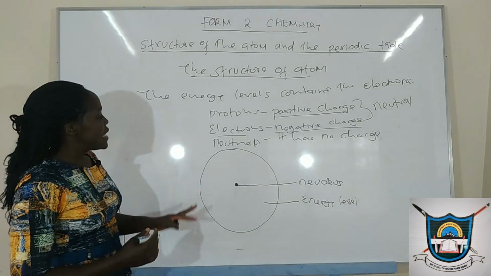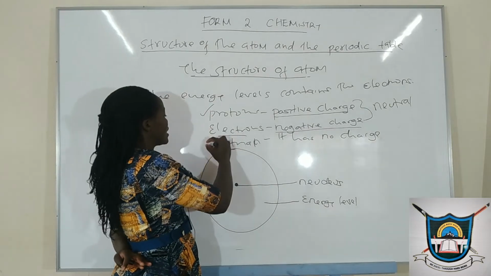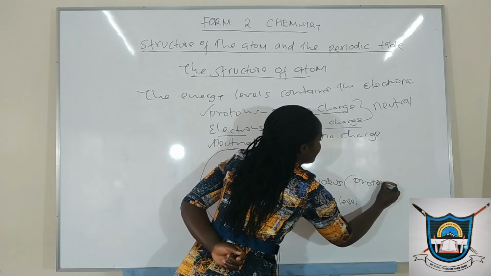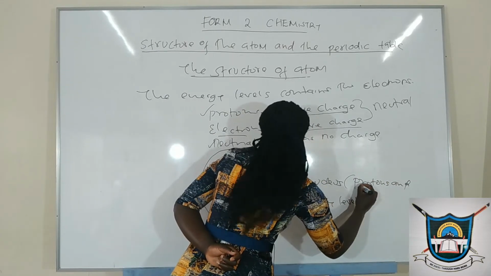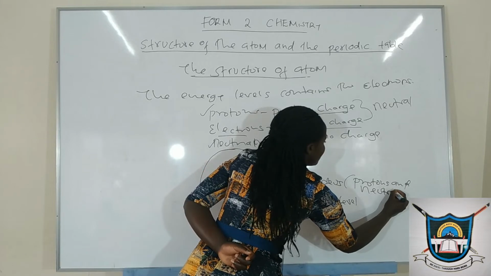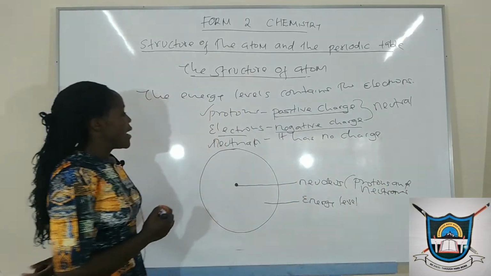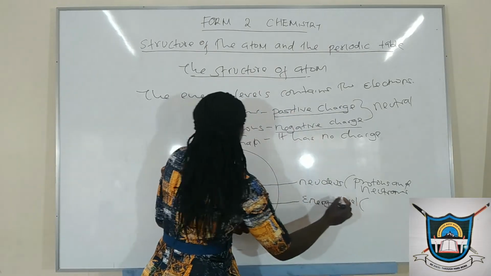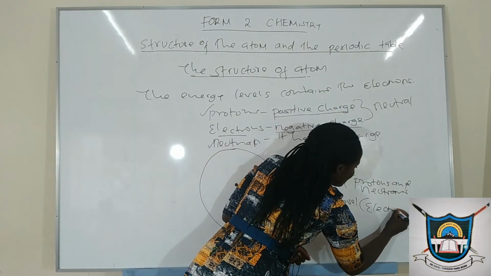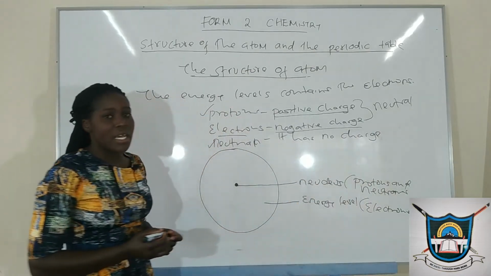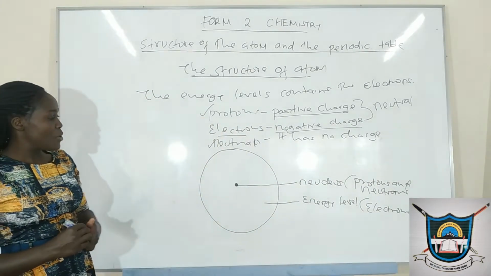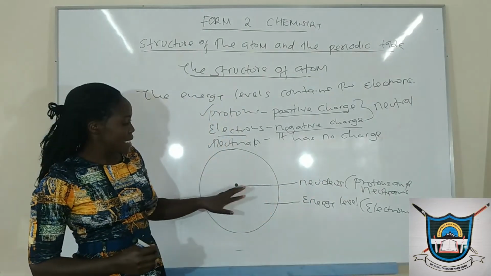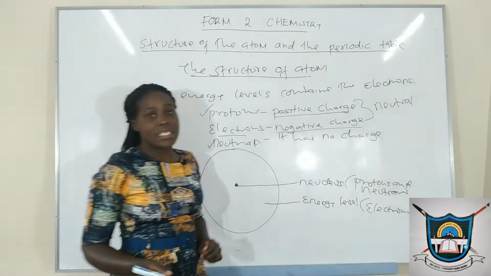In the nucleus we have protons and neutrons. Electrons are located at the energy level. That is the structure of an atom with the nucleus and energy level, protons and neutrons located in the nucleus, and electrons in the energy level.